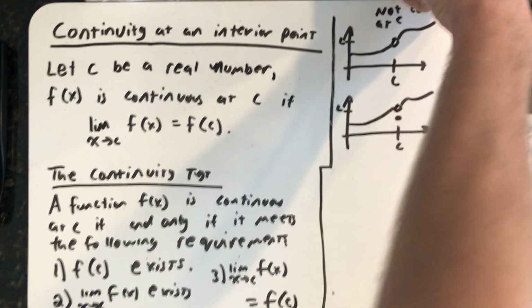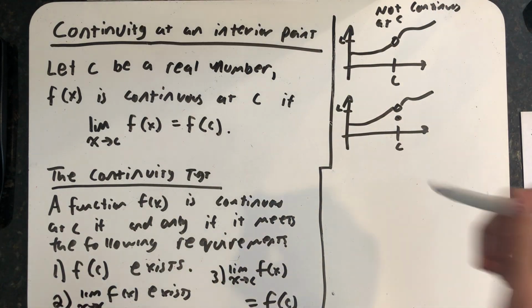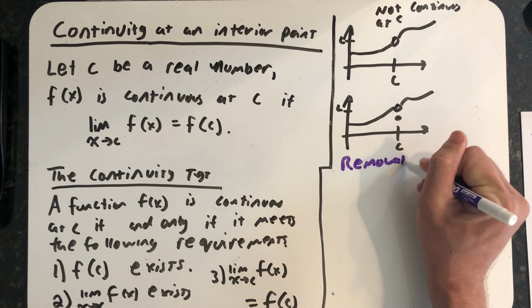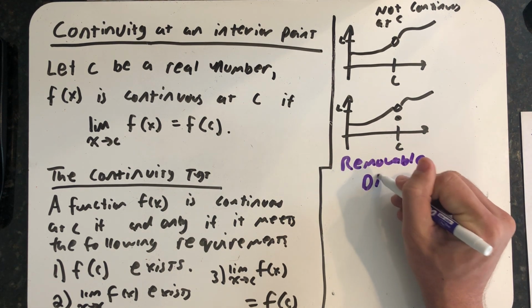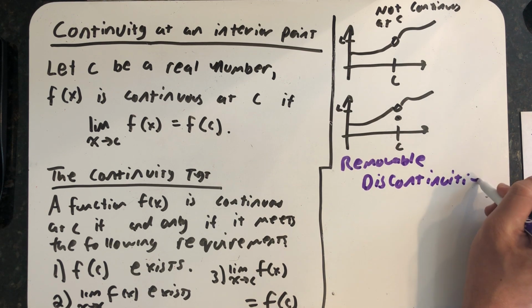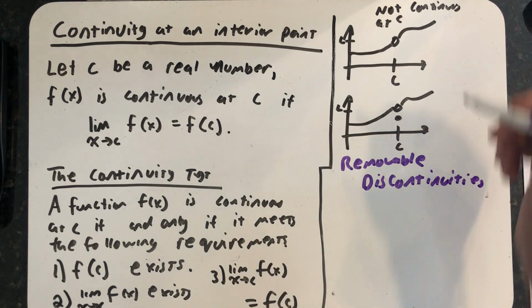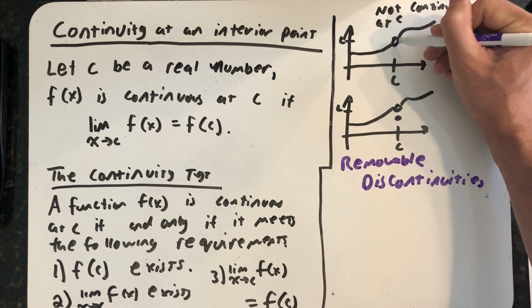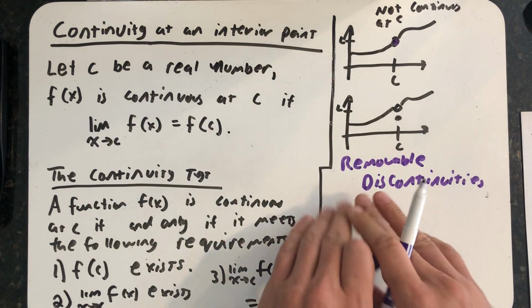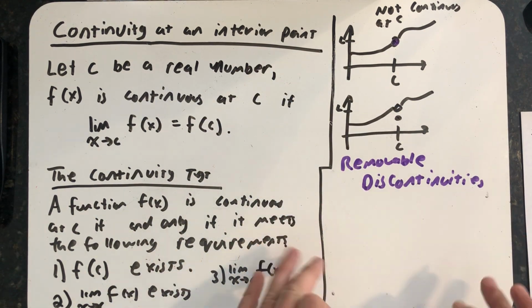Now, both of these are what we call removable discontinuities. Because I could just define the function in this top picture to be defined right at that point, patching the discontinuity, literally removing the fact that it wasn't continuous.